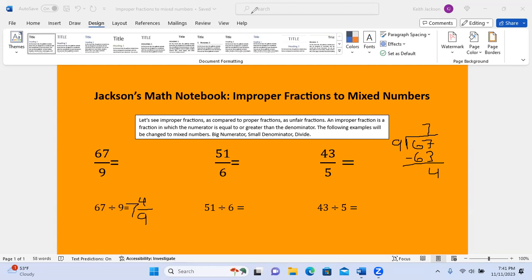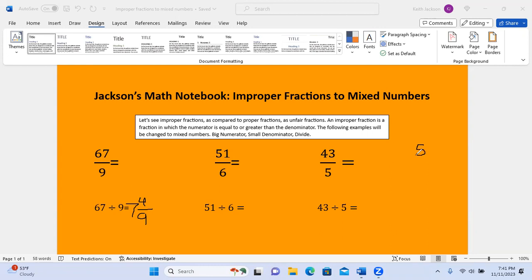All right, and so what I like to do, I like to go ahead and continue with this. And I'm just going to erase this portion, because we're going to do a new one. Our next one, which would be 51 divided by 6.